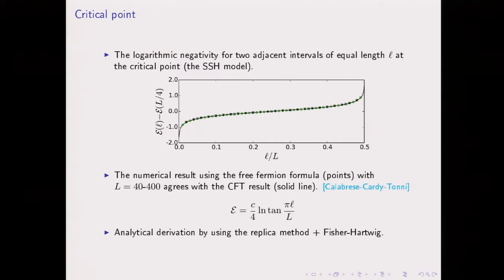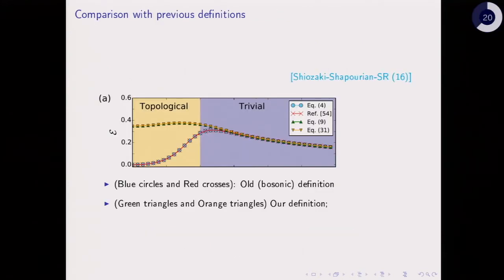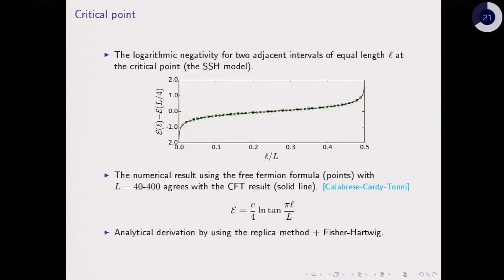As a bonus of this definition, as it turns out, our Gaussian state stays Gaussian, even after taking partial transpose. So for example, for the Kitaev chain, which is a free fermion chain, computing negativity is actually very easy. These points you can get from numerics, and it matches perfectly with the CFT result. We can also do an analytic computation of the negativity, and it also matches with the CFT result.